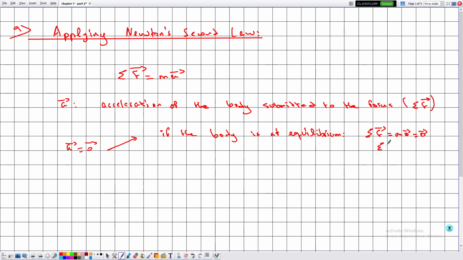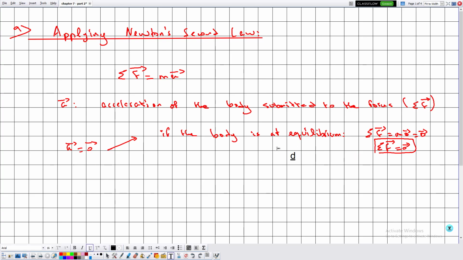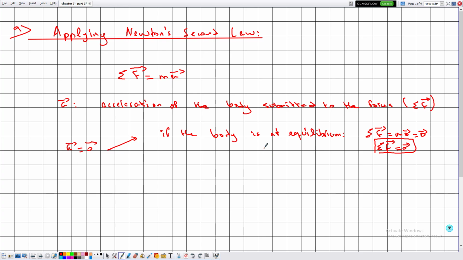So sum of forces is equal to 0 vector. This is given by the equilibrium condition. And in this case, the body is not moving.